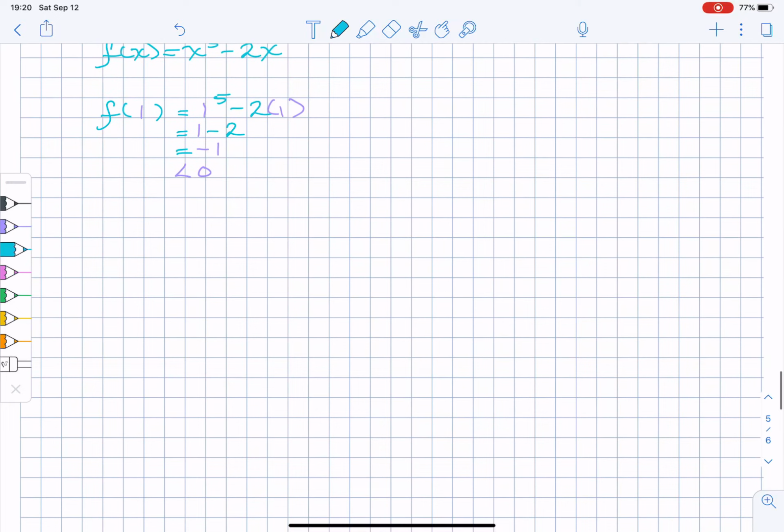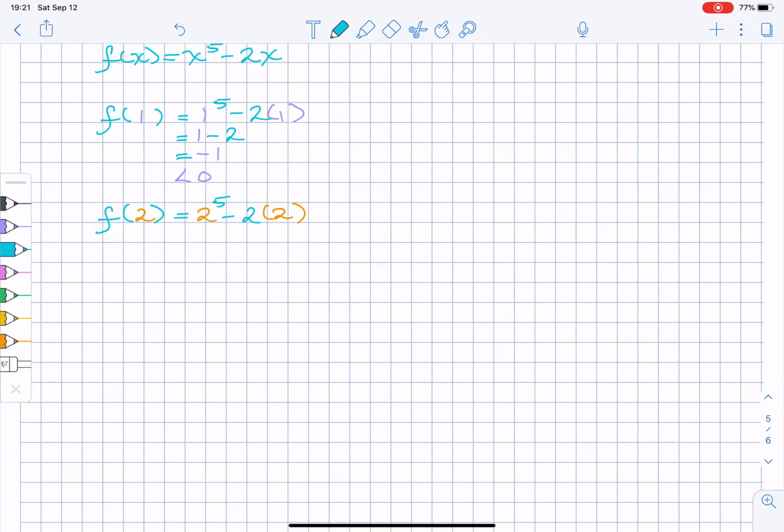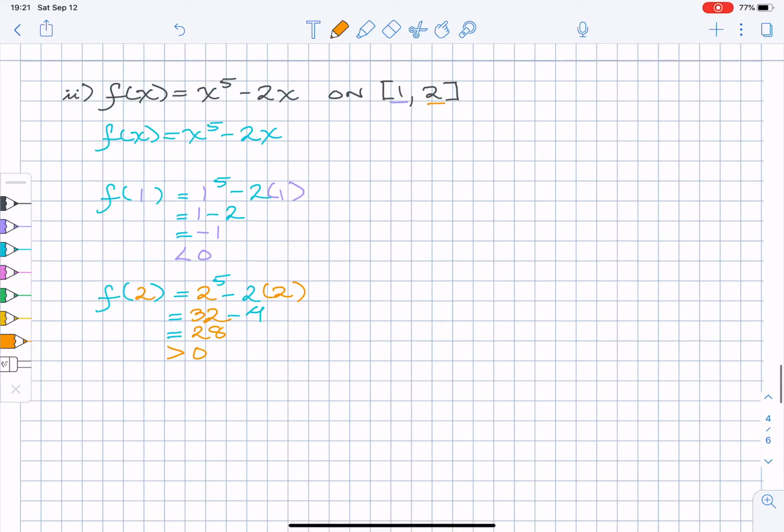So now let's look at f at the orange guy, which is 2. So f of 2 is going to be 2 to the 5th minus 2 times 2. Okay, so that's going to be 32 minus 4. So that, of course, is going to be 28. And that is greater than 0.